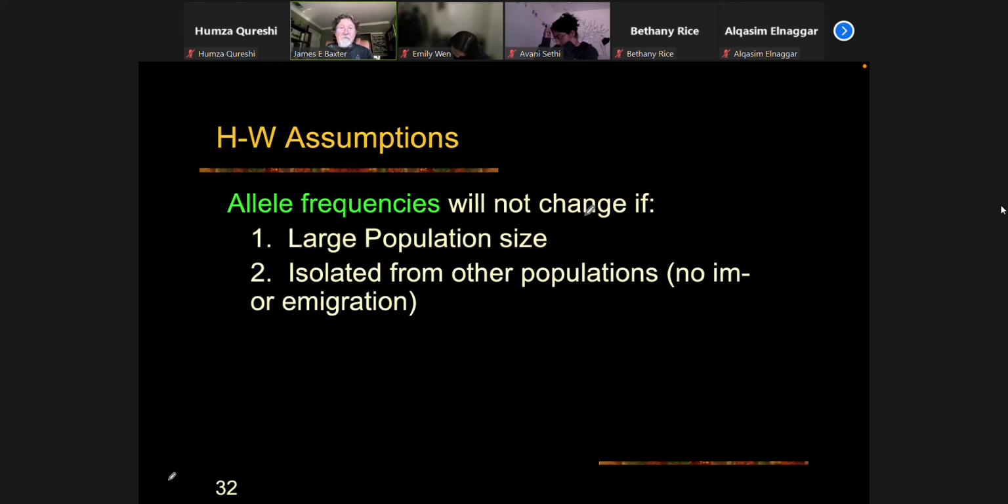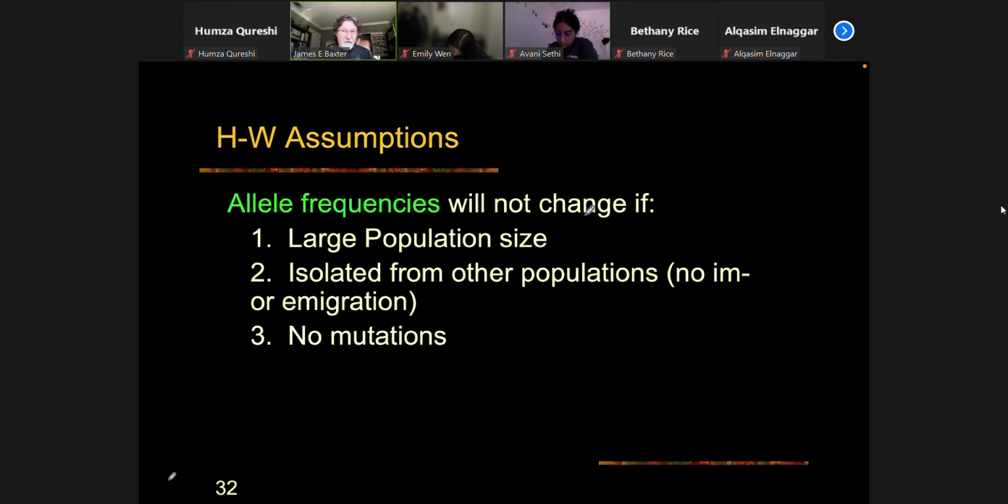So there are no members leaving the population, migrating to another population, or other members coming in. There is no movement of individuals, because movement of individuals between populations moves alleles and changes the numbers. And furthermore, there are no mutations.